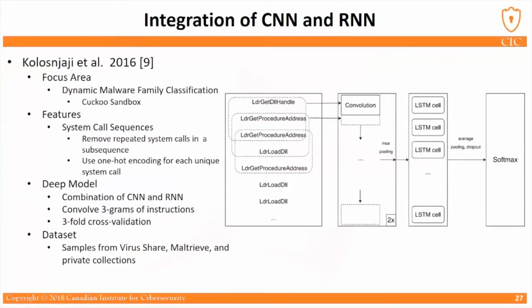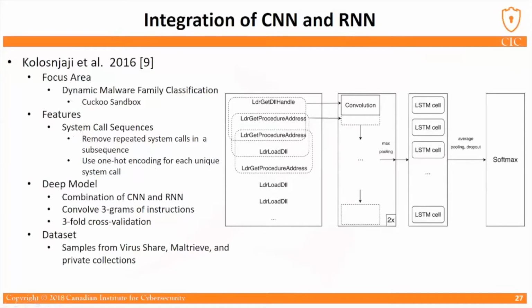And another work integrates the convolutional neural network and recurrent neural network, and their focus area is on dynamic malware family classification. So they want to classify the malware samples. They have run the samples in a Cuckoo sandbox, and the features that they have extracted are system call sequences.